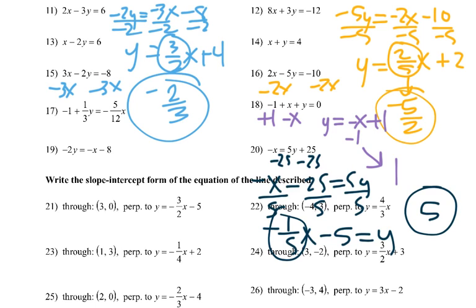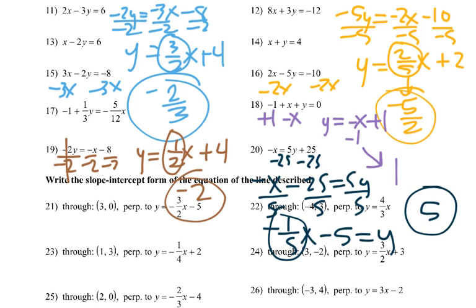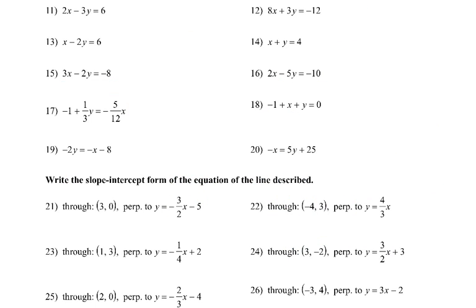Okay, if I look at 19, we would just have to divide by -2 on everything. So we end up with y equals positive 1/2 x plus 4. Positive 1/2 would turn into a negative 2/1, or just negative 2. Now 17 is a little bit crazier, so we would add 1 to both sides first, giving me 1/3 y equals negative 5/2 x plus 1.